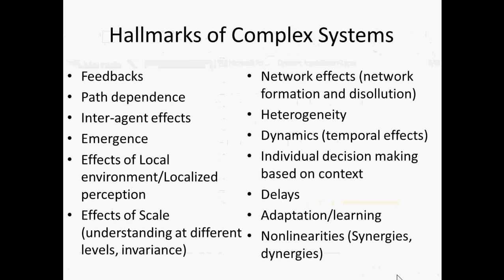I've touched on many of them in the context of this morning's session. Things like emergence, presence of heterogeneity, dynamics, the fact that we see behavior over time, sometimes behavior that's not always obvious, the occurrence of delays, adaptation and learning, individual decision-making based on context. These are factors that are seen as potent motivators for use of complex systems approaches.